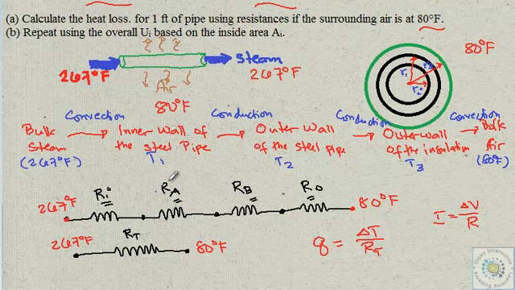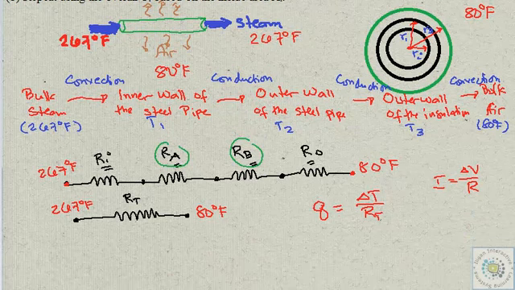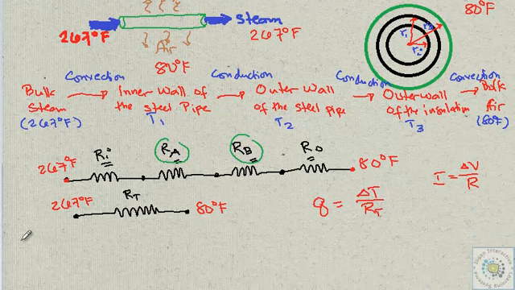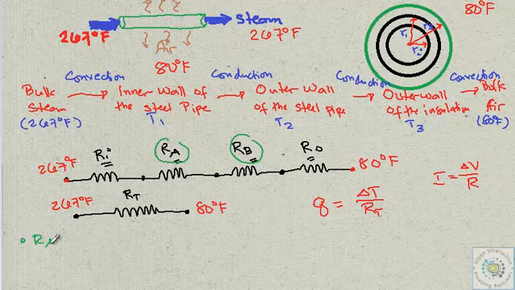We choose these first because I think we're already familiar with conduction through cylindrical walls. To calculate the resistances, let me drag this down a little bit. It will be relatively simple. Ra would just be the thickness of the steel pipe, delta R, over the conductivity of the steel, K, where A refers to the steel, and the log mean area of the steel pipe.